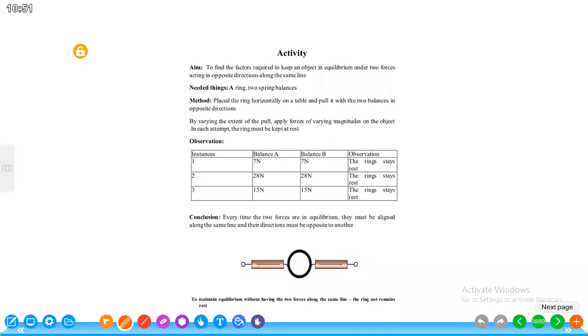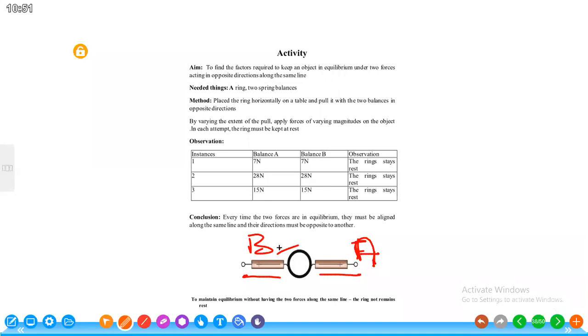This is the activity shown. Here we have a ring and two spring balances, F1 and F2, balance A and balance B. Place the ring horizontally on a table and pull it with the two balances in opposite directions.